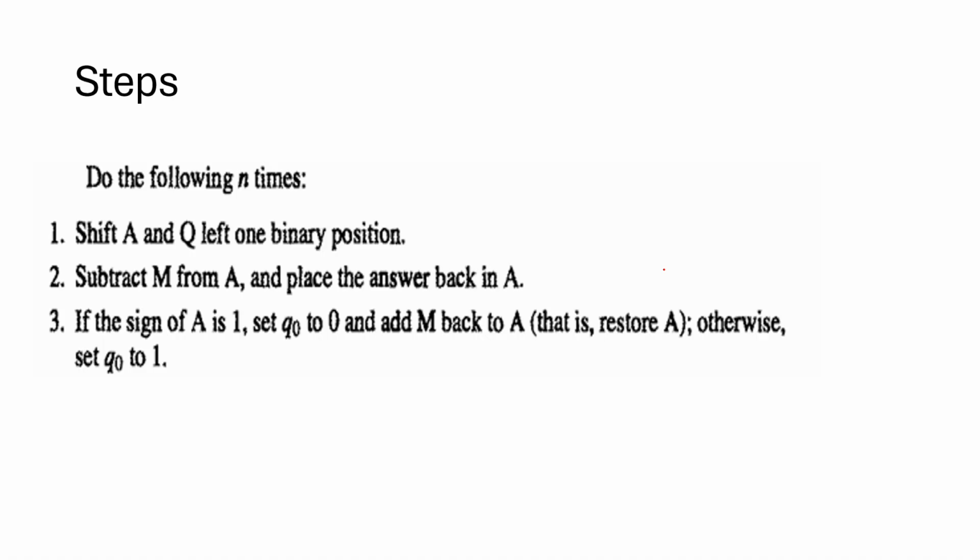After that, subtract M from A, that is A minus M, which is equal to A plus the 2's complement of M. So instead of doing the subtraction, you can add the 2's complement of M to A. Then store the result back in A.